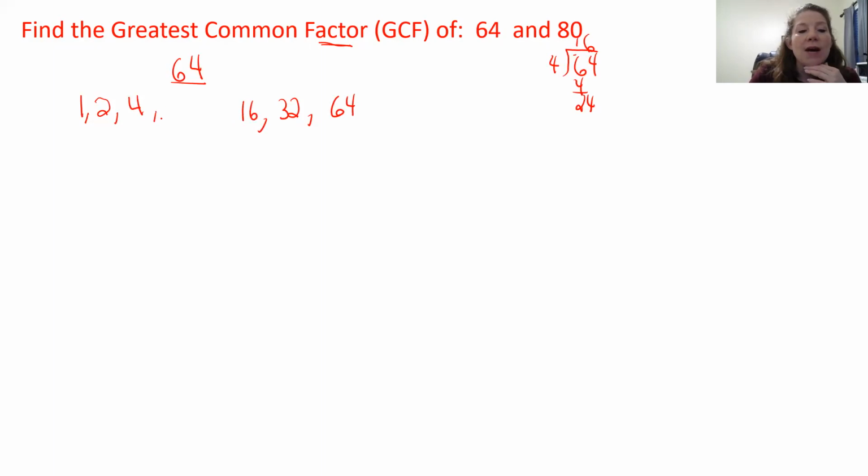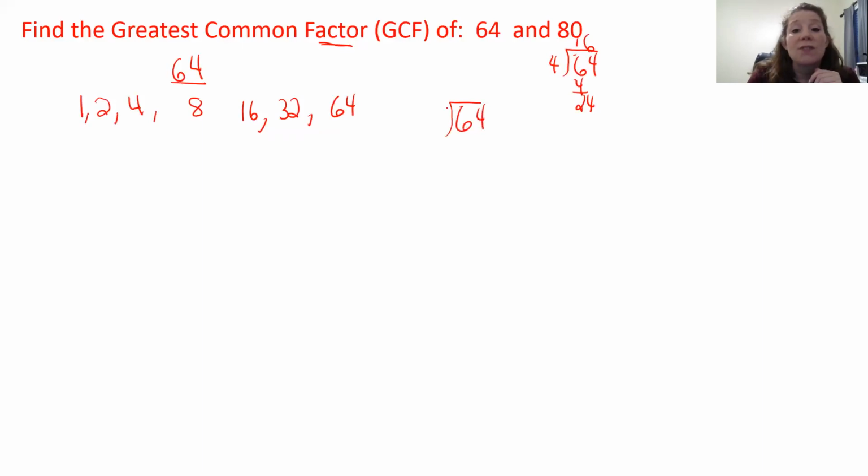All right, what about 5? Nope. 6? Nope. 7? Nope. 8. 8 times 8. So I'm not going to list it twice. But the reason I put it in the middle is because I know I've reached the numbers that are going to start repeating, because 9, 10, 11, those are not factors.